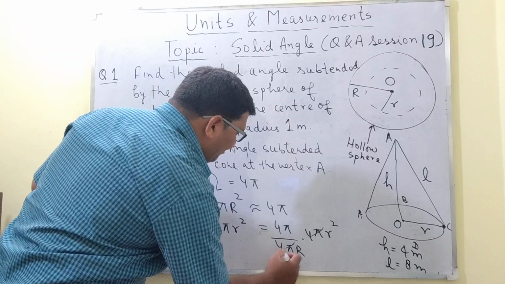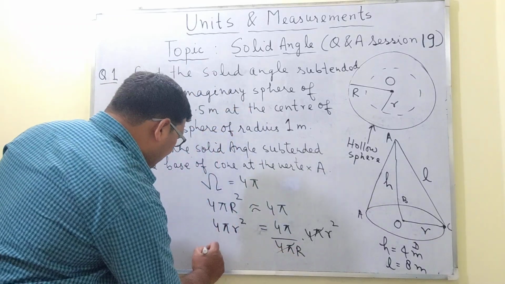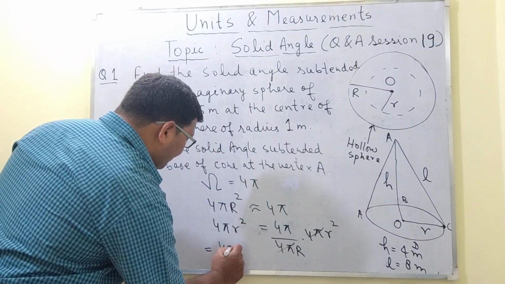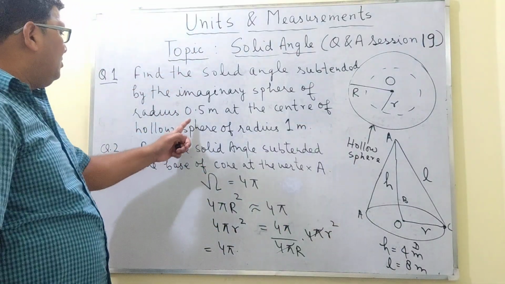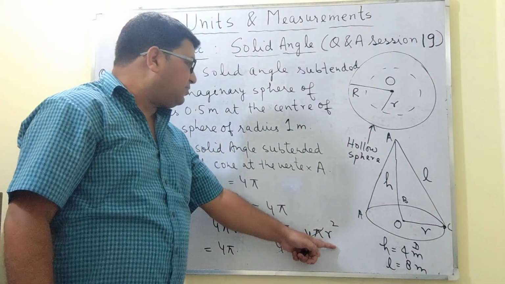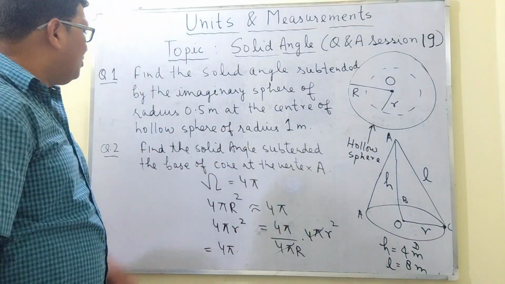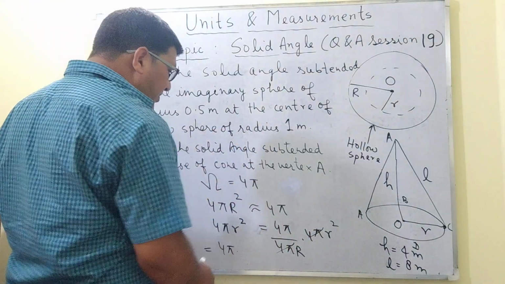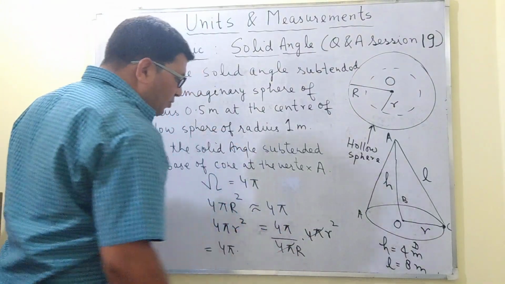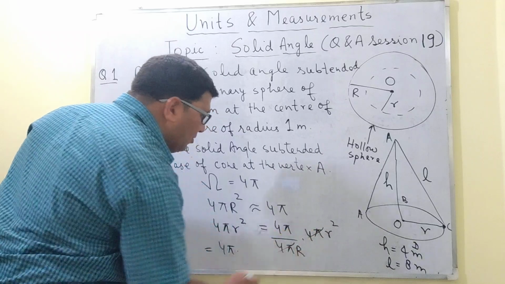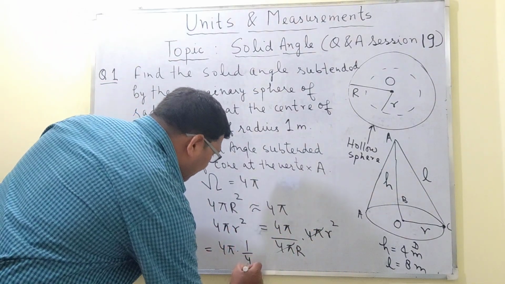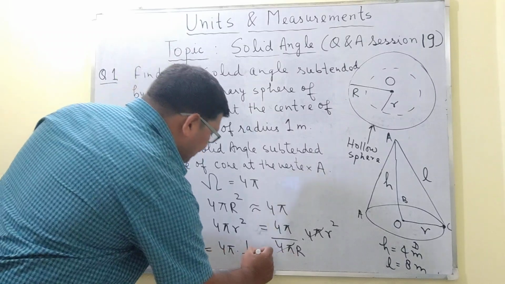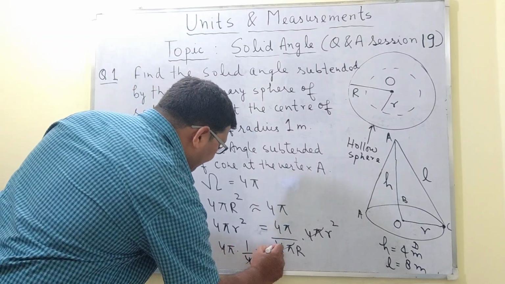So ultimately the value will be equal to 4 pi into, now here small r is the radius of the imaginary sphere, which is equal to 0.5 meters, which is equal to 1 by 2 meter, and capital R is equal to 1. So this is equal to 1 by 2 whole square, which is 1 by 4 divided by 1. So this will be equal to pi.